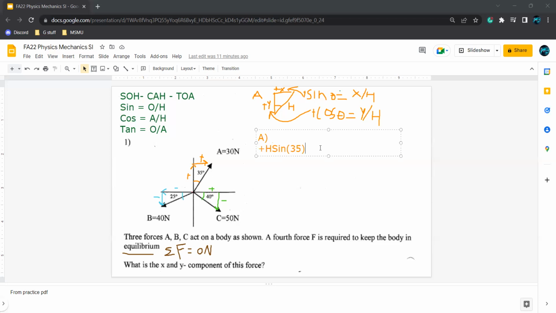Positive H sine 35 is equal to X. And we can solve for that after I type in the Y as well. Positive H cosine 35, which is your theta, is Y.